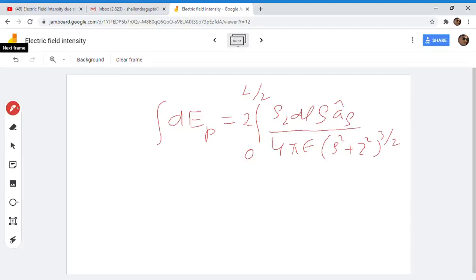And from here what we did, we put z equal to rho cot theta.